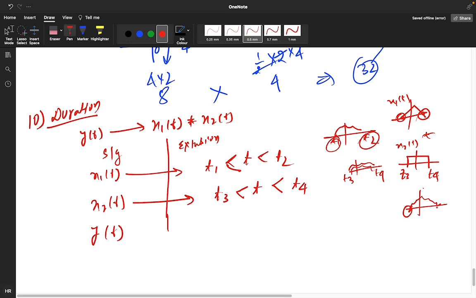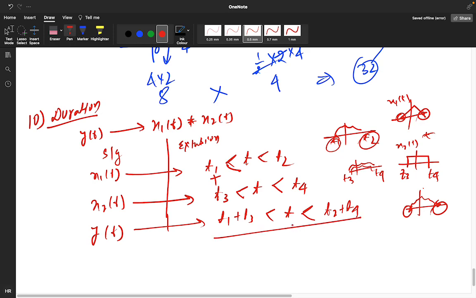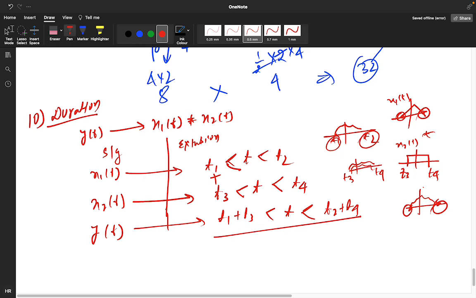So we will get the addition of the lower limits, t1 plus t3, which will be lesser than the addition of the upper limits, t2 plus t4. So this is the duration property.